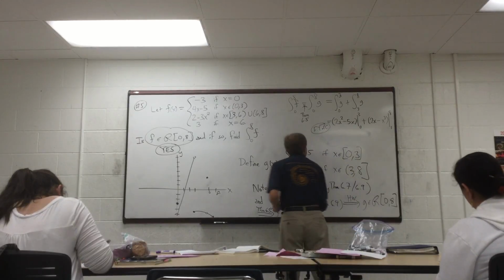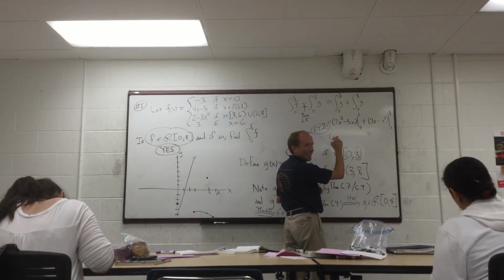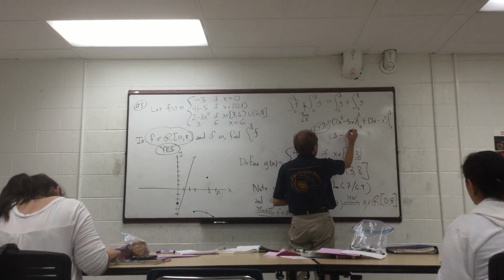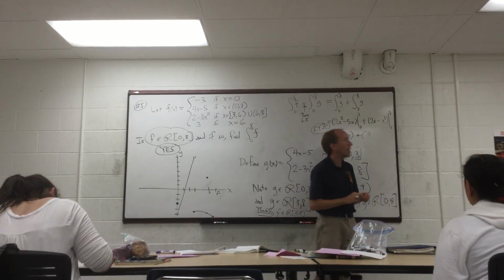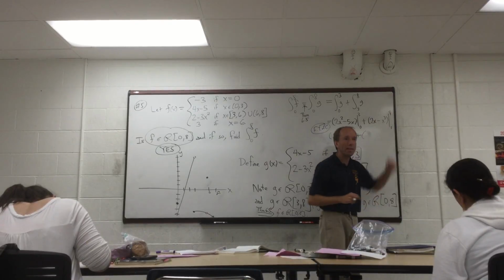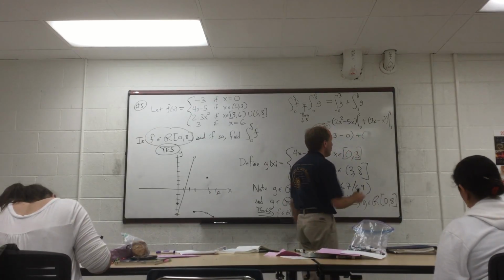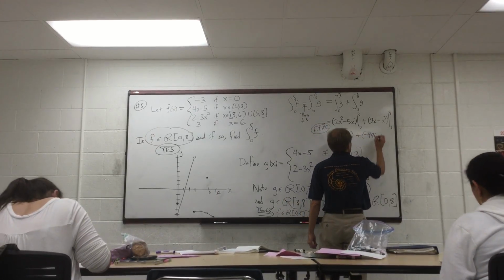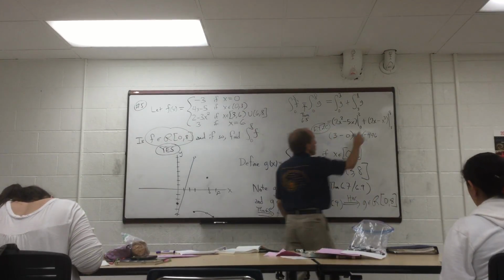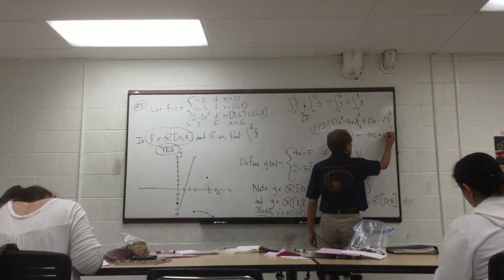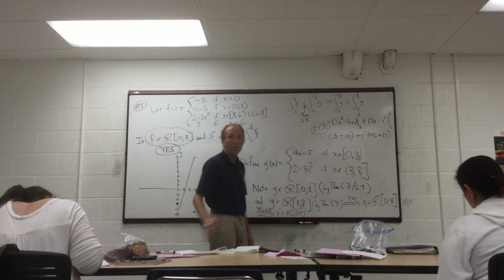Start over. Okay, so this one again, this was 3 minus 0. And 8 cubed is 512. Yeah, that's right. And then this is 16 minus that, so that would be negative 496. Okay, sorry, my calculation was not good. And then I have to subtract 6 minus 27, which is the same as adding 21.